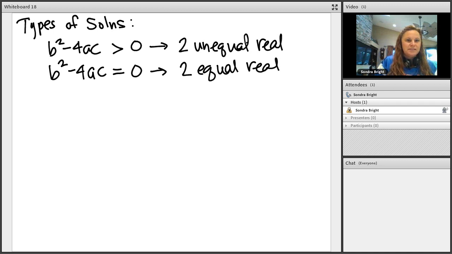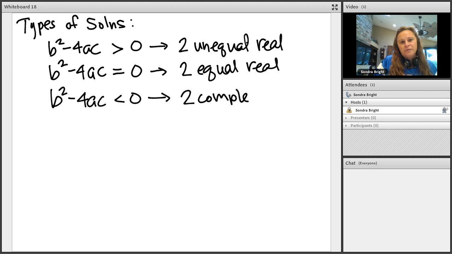And then if the discriminant is less than 0, then you have two complex conjugate roots. That means they're imaginary. And they always come in pairs, a plus bi and a minus bi.